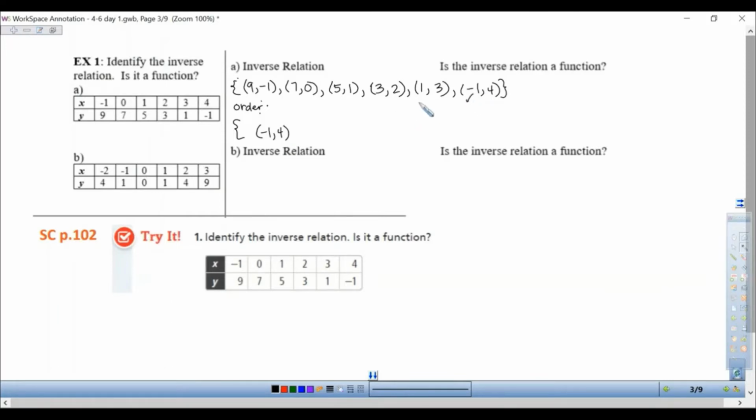My next, 1 is the next highest number. So (1, 3), then my next highest x value is 3, and then 5, 7, and then finally 9.